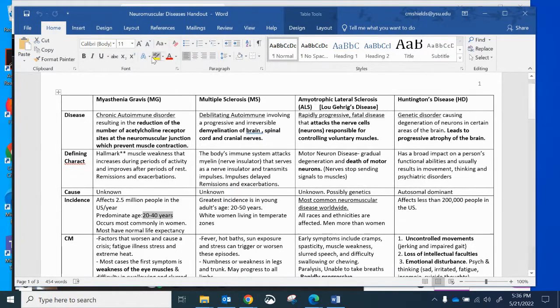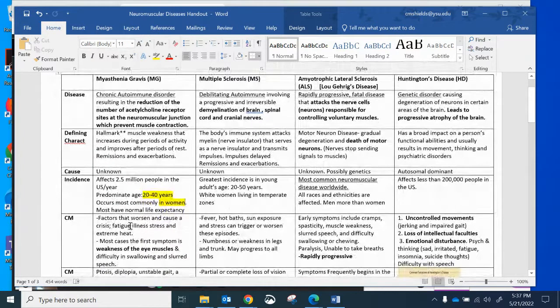A 60-year-old or 70-year-old woman coming in with some muscle weakness probably doesn't have myasthenia gravis. That's why the prevalence is important to keep in mind. I'm not saying men can't get it, but it's predominantly in women, and anyone I have seen with myasthenia gravis has been a woman.